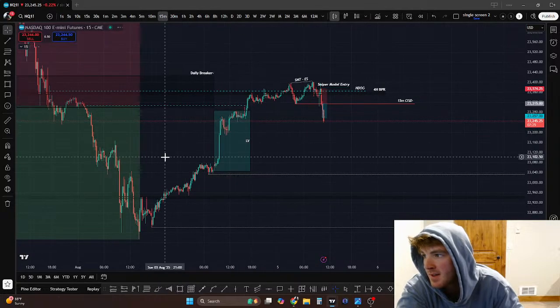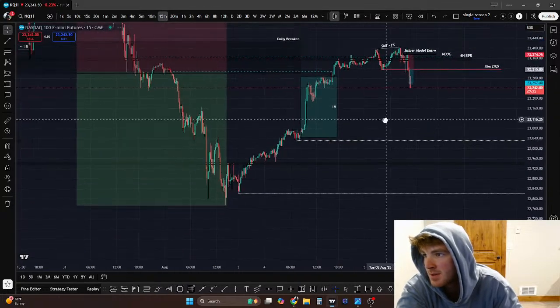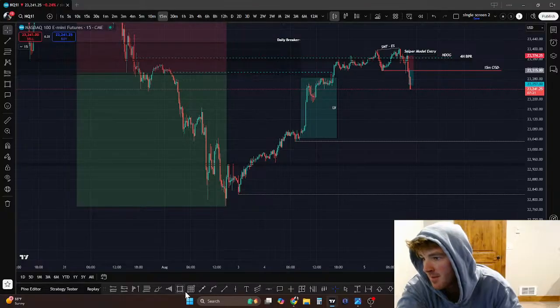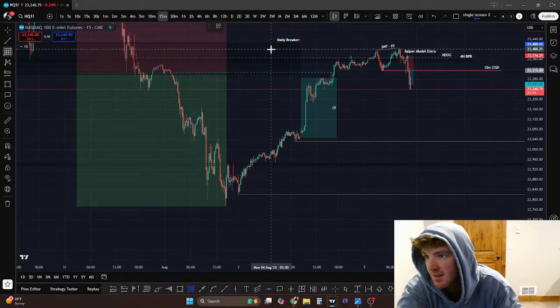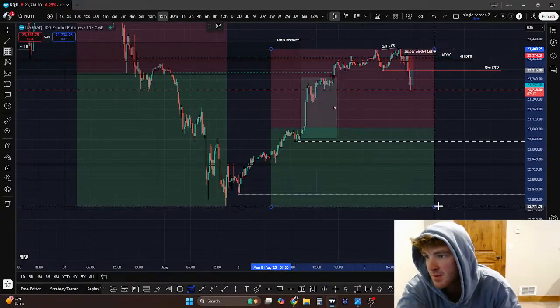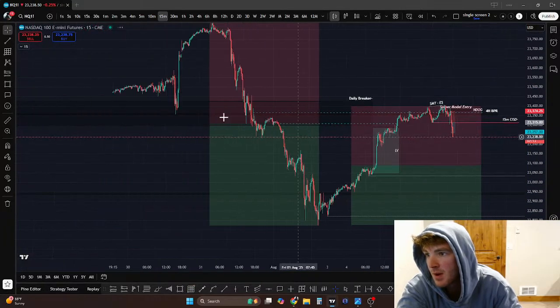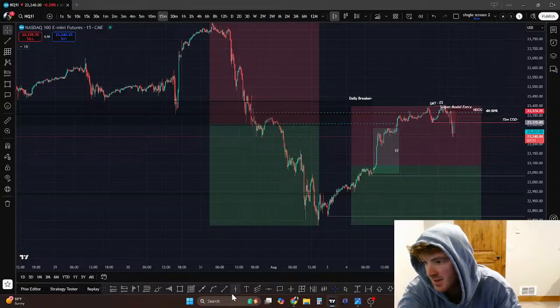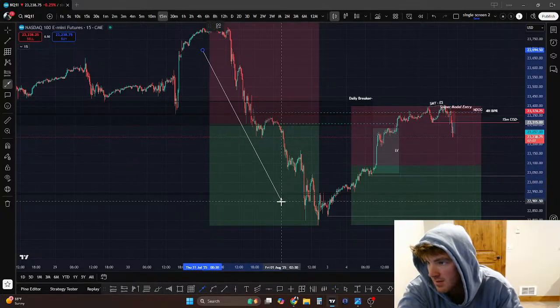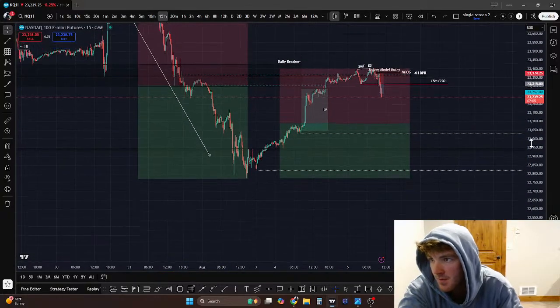But we rebalanced the higher time frame premium. So now with this lower time frame move higher, it makes sense for us to rebalance to discount, right? If this is to be a downtrend, then we retrace here.